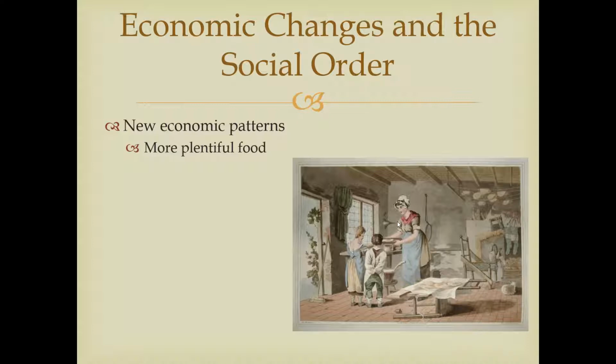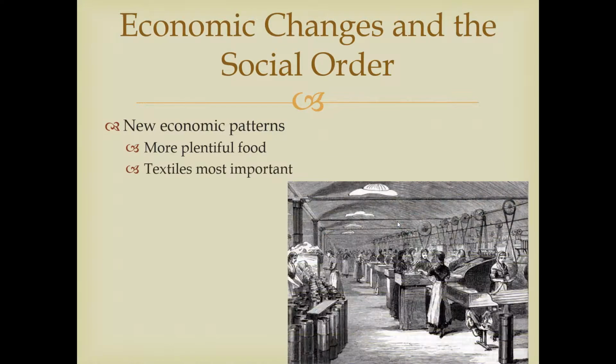So poorer people are eating a much more balanced diet, with a lot more protein in meats and poultry, beef, poultry, and fish, things like that. And so this is helping them work better. The more protein you have, the better fed you are, the more productive you can be. And so this creates a more productive society.